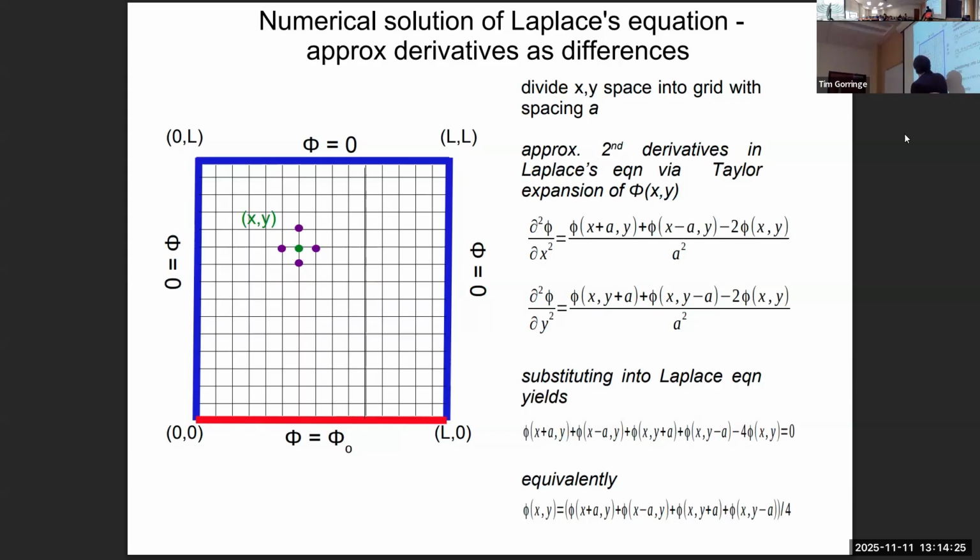So we divide the region of interest up into some sort of mesh, some sort of grid. Of course, here you're making a choice about the grid size. You could make it finer and more precisely map out the electrostatic potential, or you could make it coarser and more quickly map out the electrostatic potential.